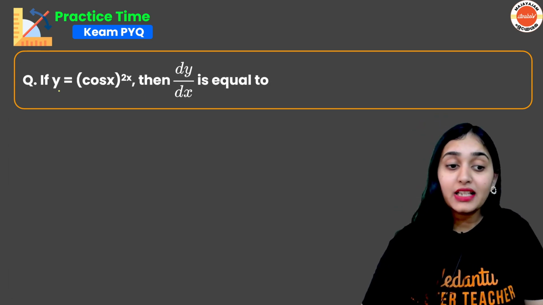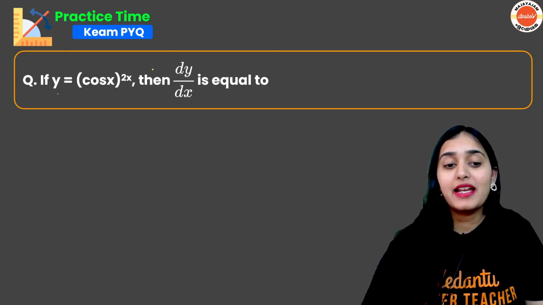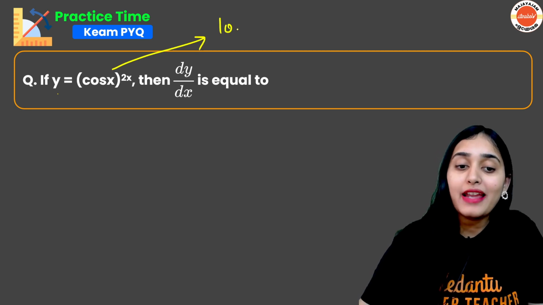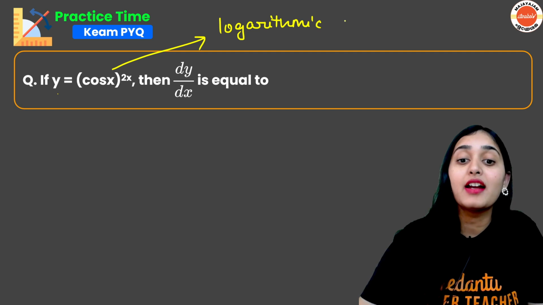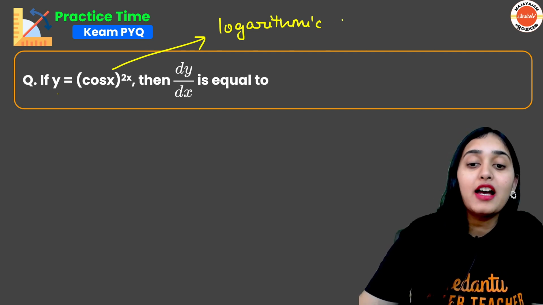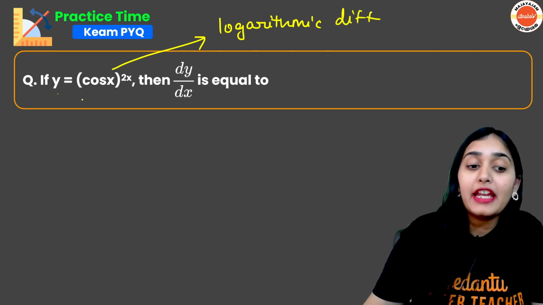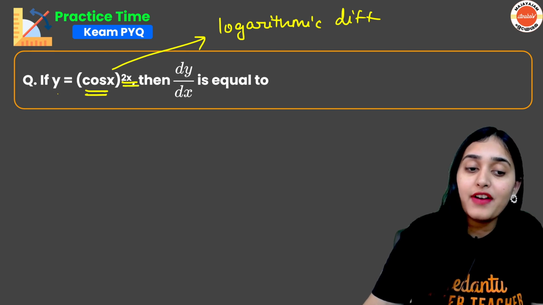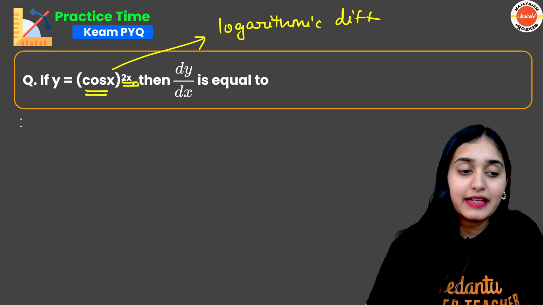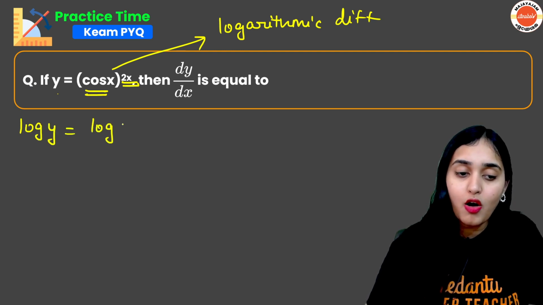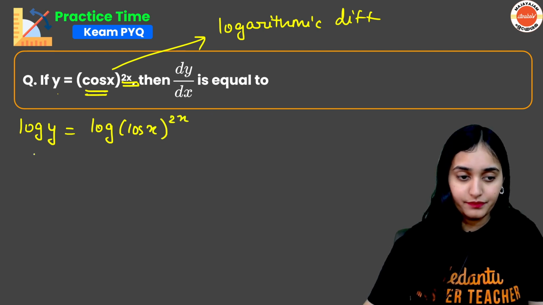Okay. Next. Y is this, then dy by dx. Now this is what? Logarithmic differentiation. You are required to apply log. I told you, if function to the power function is there, you apply log on both the sides. So log y will be log of cos x to the power 2x.